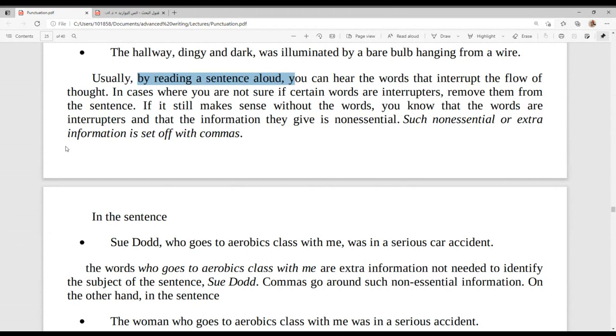In cases where you are not sure if certain words are interrupters, remove them from the sentence.